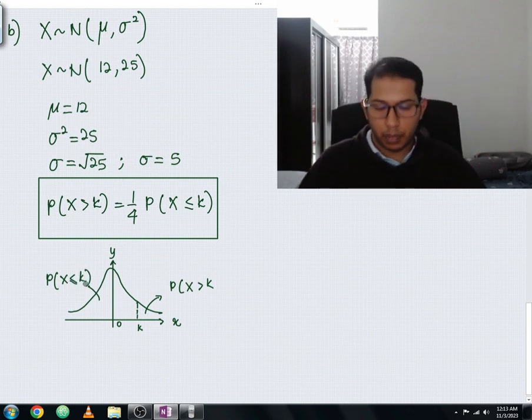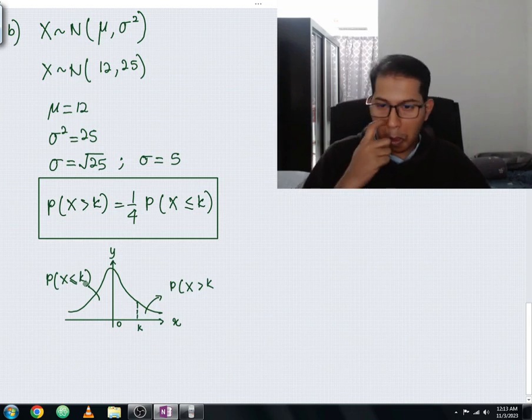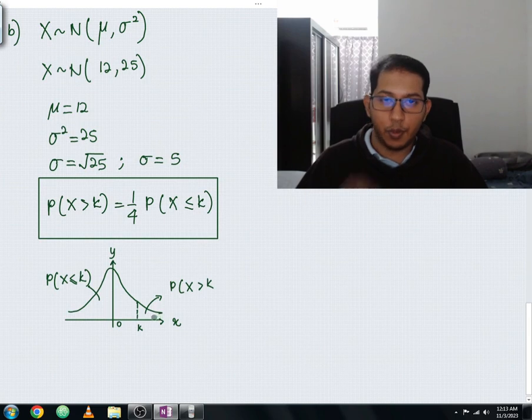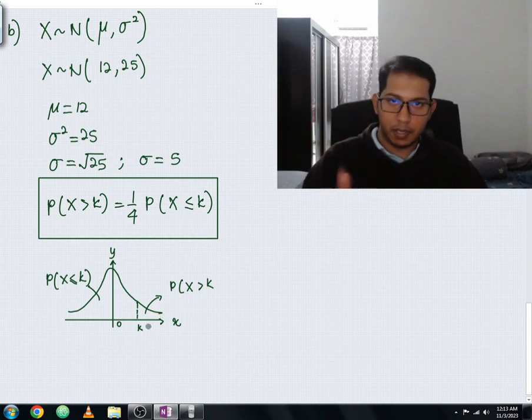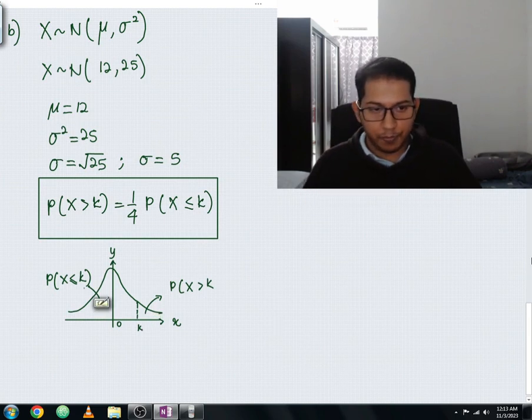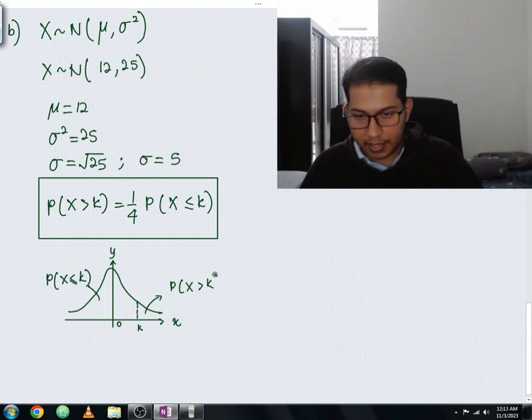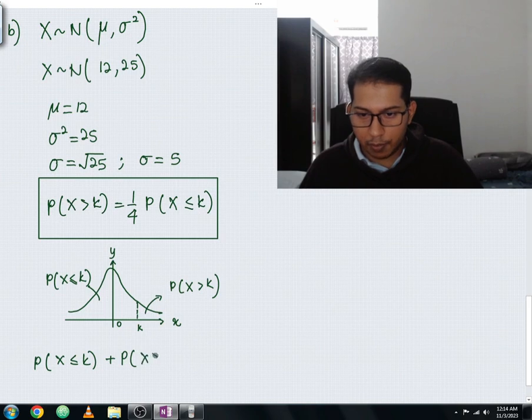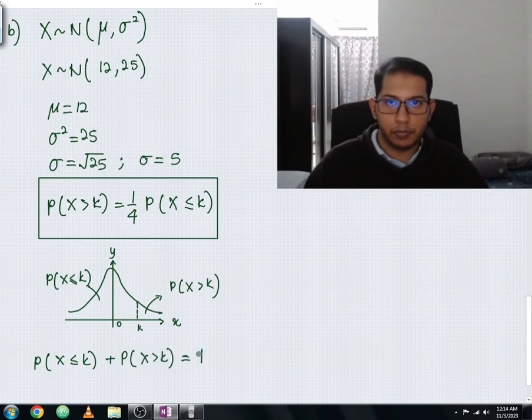So as we know, the summation of the area under the graph for the probability must always equal 1. So we can express that probability x less than or equal to k plus probability x more than k is equal to 1.